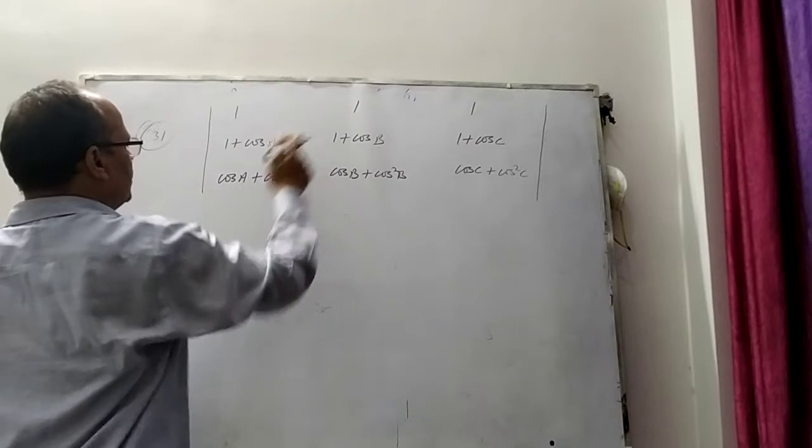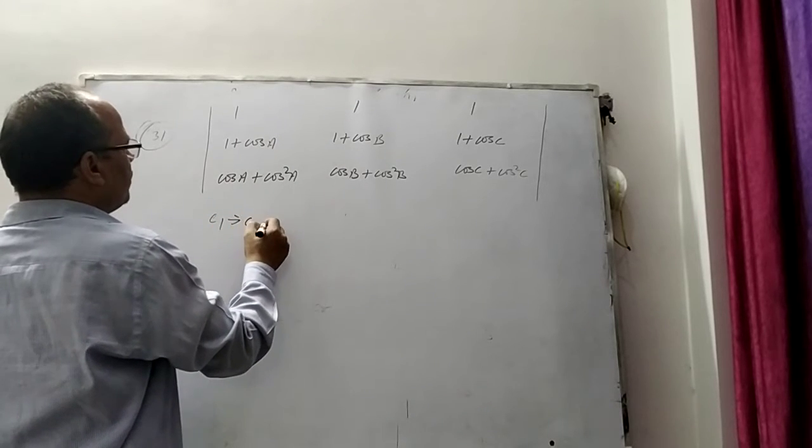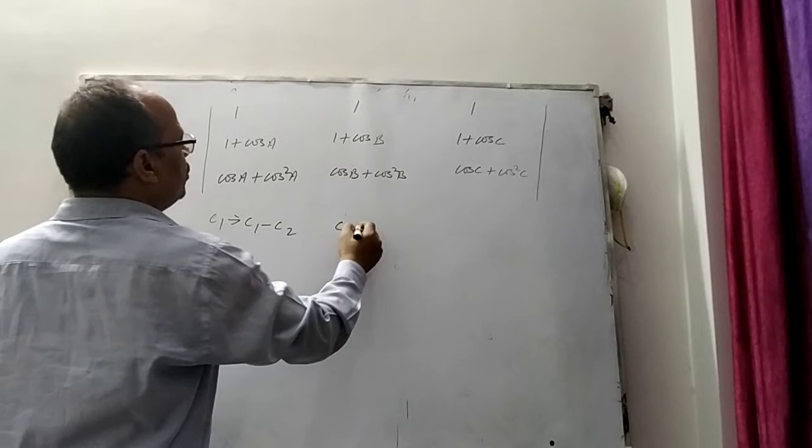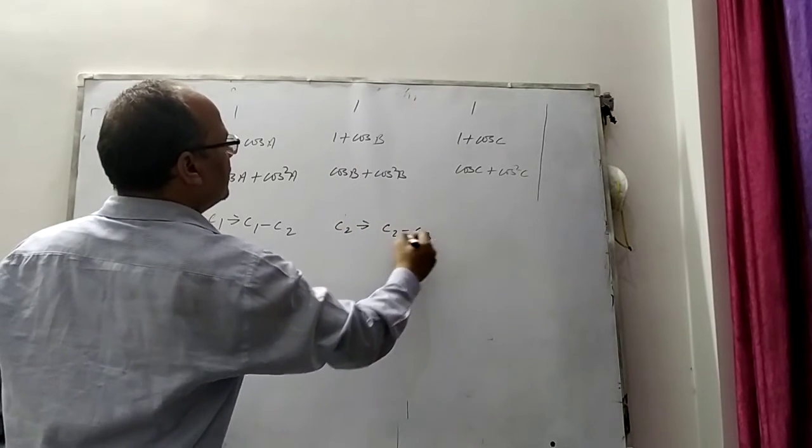We make this and this one 0: C1 tends to C1 minus C2 and C2 tends to C2 minus C3.